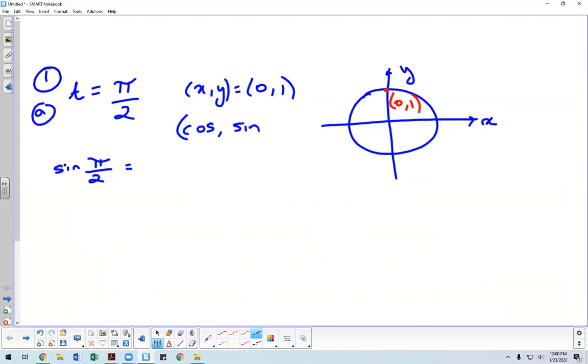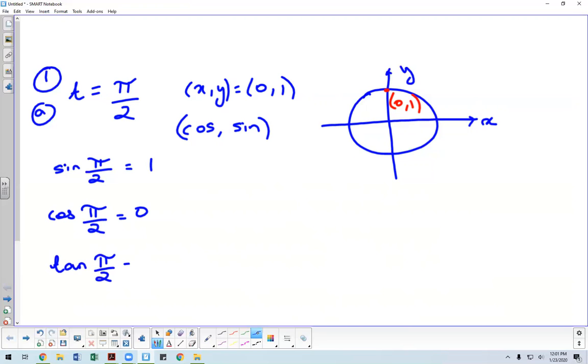So it's actually cosine for x, sine for y. So just remember alphabetical order, and hopefully that'll help you say that c goes before s. So sine is, of course, going to be 1. So what do you think will be cosine? 0. 0, very good.